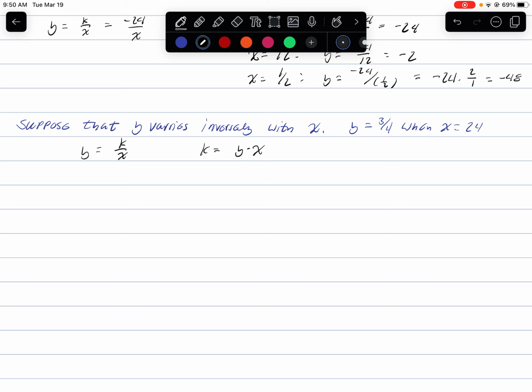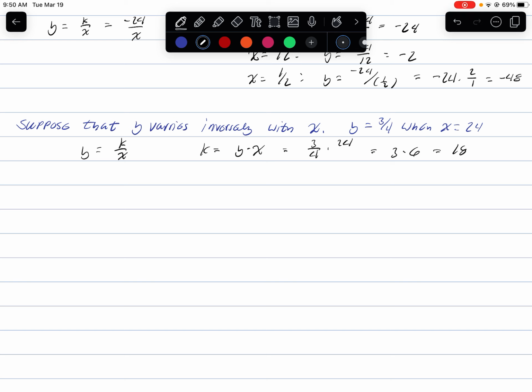So in this case, we have 3 over 4 times 24. We can reduce the 24 over 4, which is just going to be 6, since 24 divided by 4 is 6. So this is the same thing as 3 times 6, which gives us 18. So k is equal to 18.